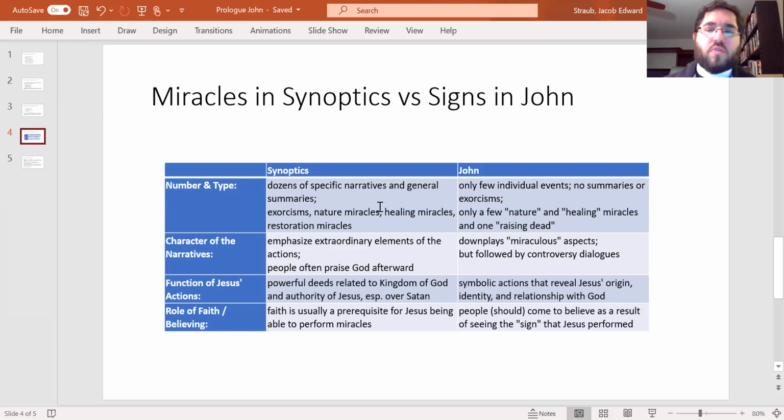What these actions do, so the function of these actions of Jesus. In the Synoptics, they are powerful deeds. They relate to the kingdom of God. Jesus' main message in the Synoptics is the proclamation of the kingdom. Repent and believe, for the kingdom of God is at hand. So showing his authority, his kingship.